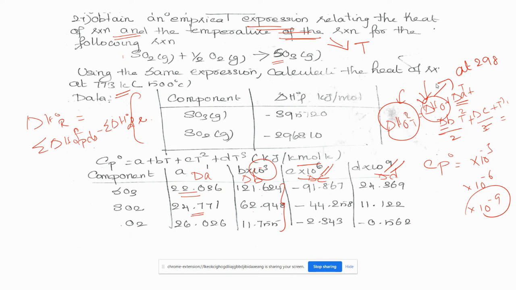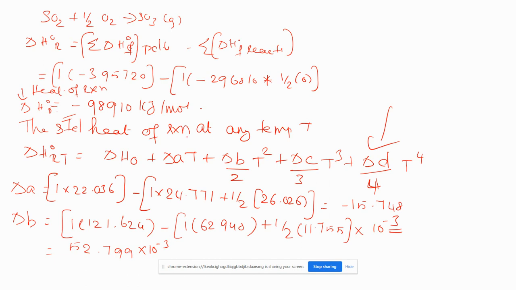In some problems they will give the standard heat of reaction value. Here they have not given it and have asked us to find it. By using this data, first we have found the standard heat of reaction.